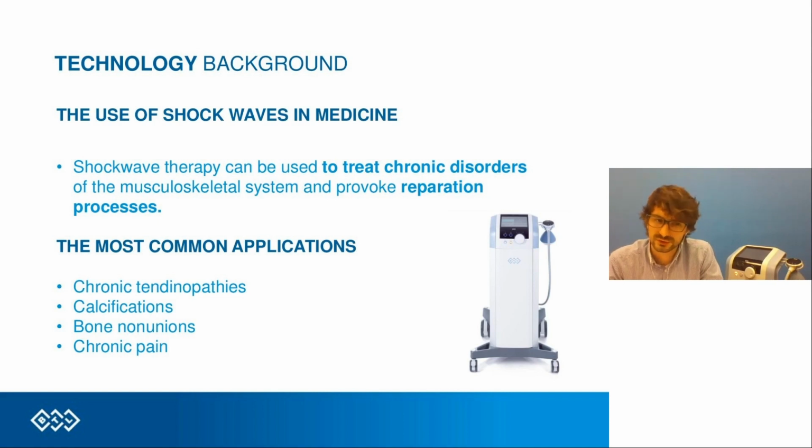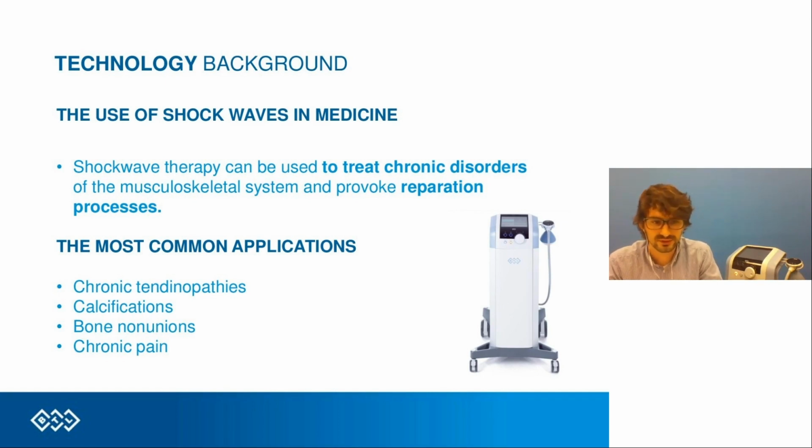The most common applications used now in rehabilitation clinics are chronic tendinopathies such as tennis elbow and plantar fasciitis. Then calcifications, very commonly in the shoulder area, in the tendons of the supraspinatus muscle.